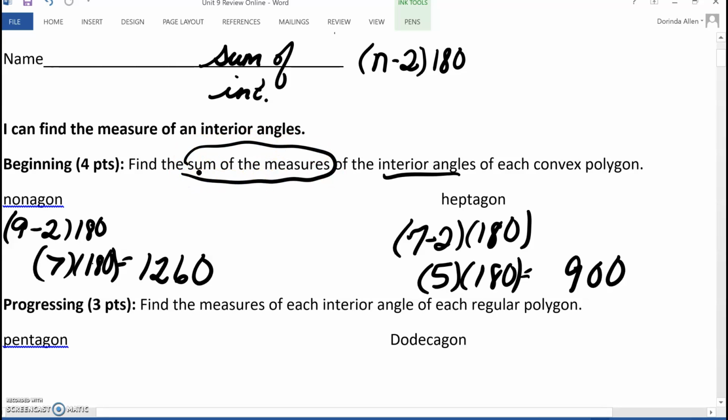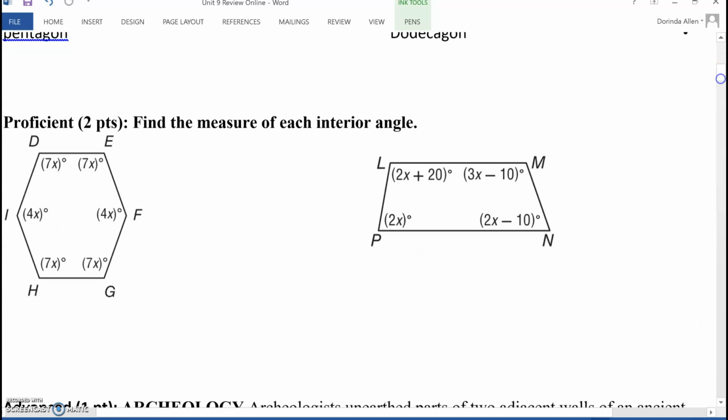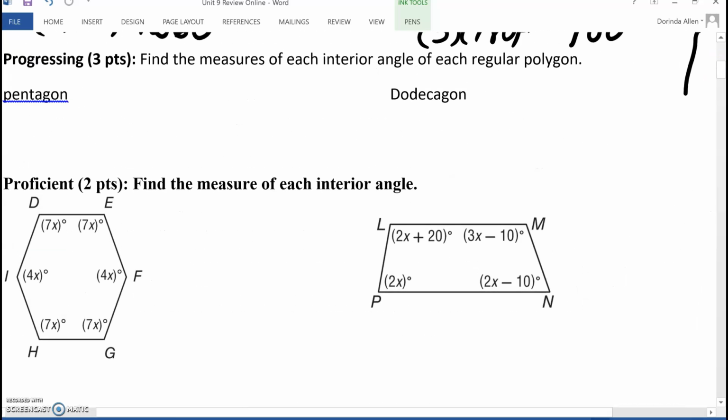That's not what each interior angle is. So then if I want to find the measure of each interior angle, we looked at this a few different ways. What is easier is to find the measure of the exterior angles. So regular polygon, remember, is all the sides are equal.